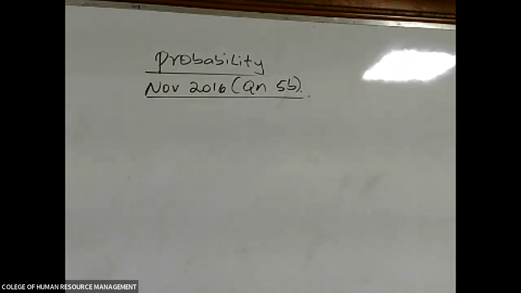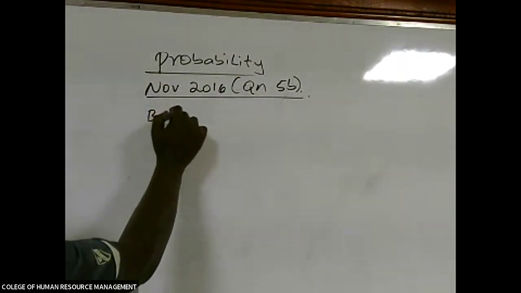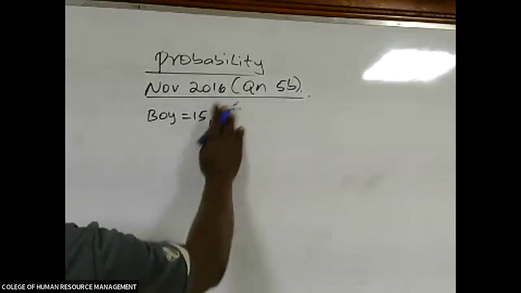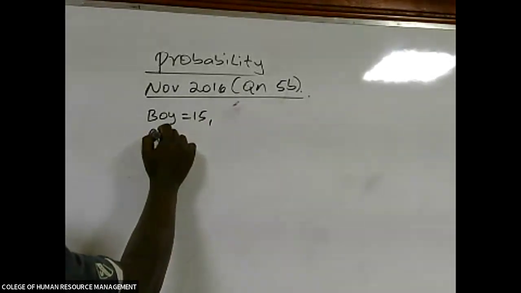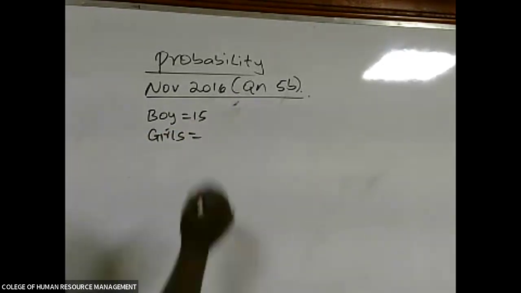A supplies management class is made up of 15 boys and 10 girls. Boys are 15, meaning that the probability, let me first of all capture the number of girls in that class of supplies management. They are 10.